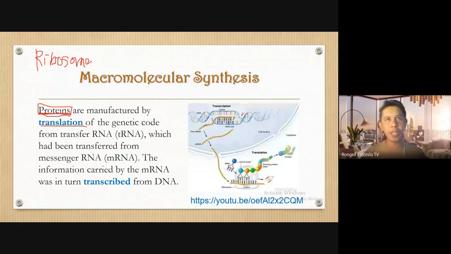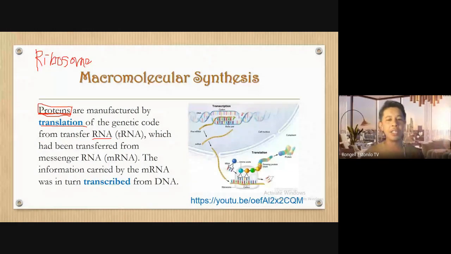The first segment of protein manufacturing, or protein synthesis, is translation of the genetic code from RNA, the ribonucleic acid. DNA is the mastermind. The genetic code is transferred by transfer RNA, which came from the messenger RNA.